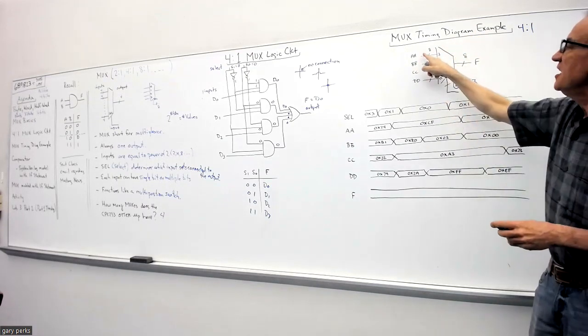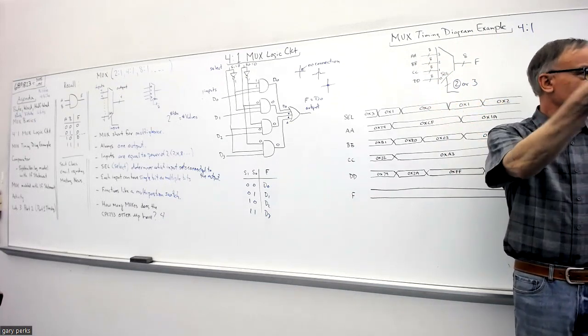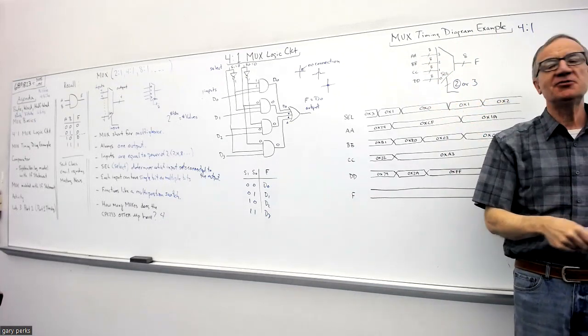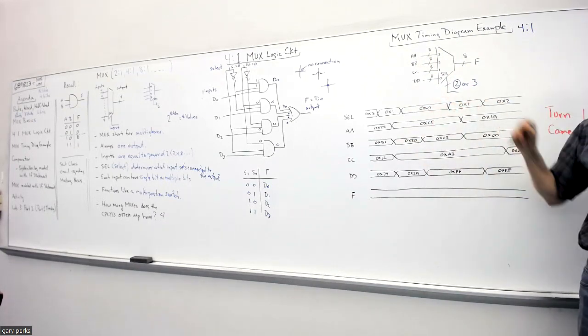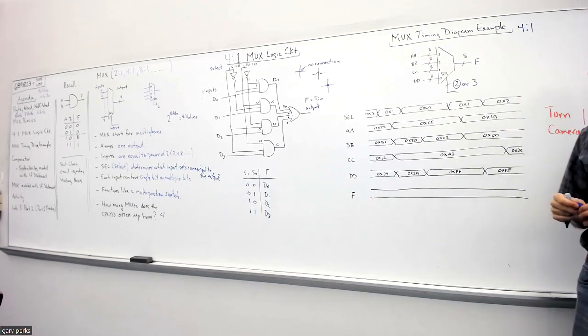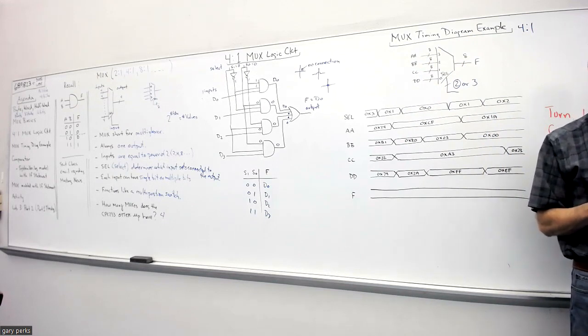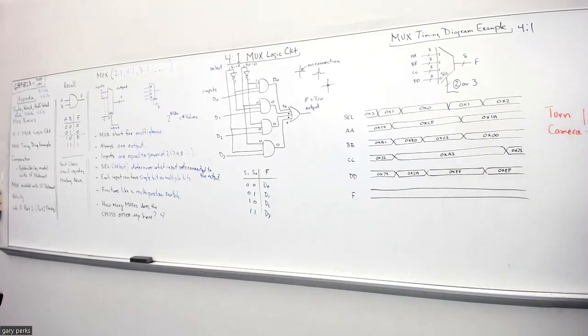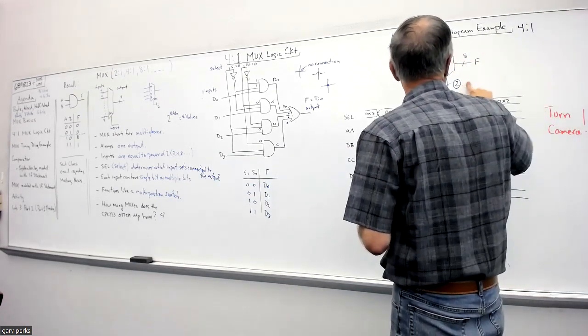It doesn't matter if these were 32-bit inputs, like on your microprocessor from CPE133, this would still be a 2-bit select. Okay, so does everybody see that? I'm glad some people said 3 because, for a problem like this, that's a very common mistake. So we got our 2 select bits.